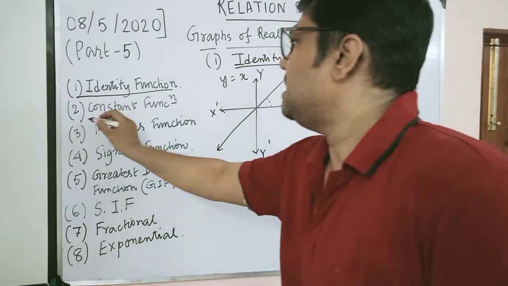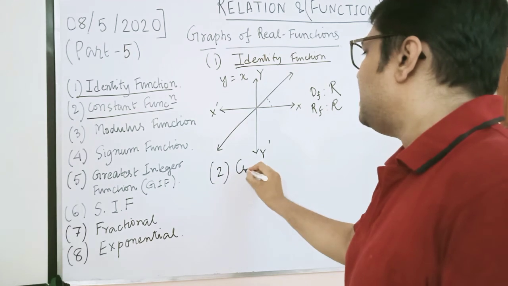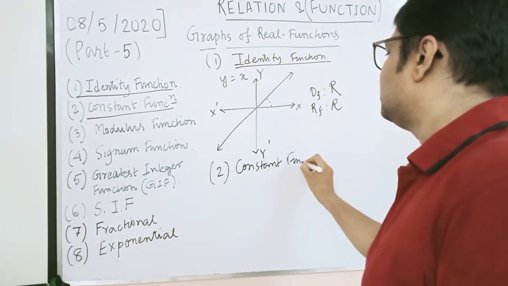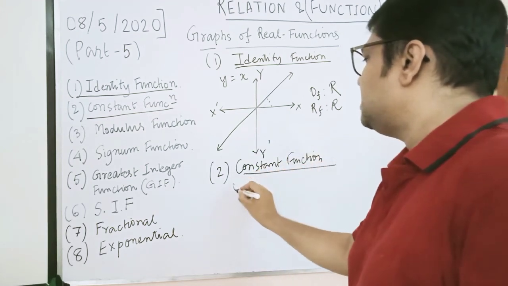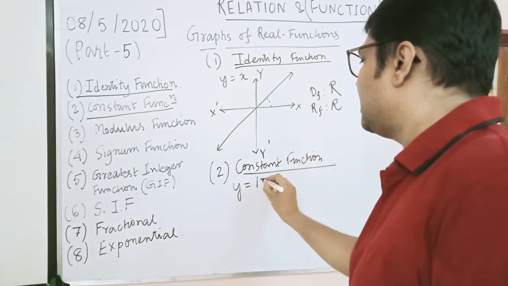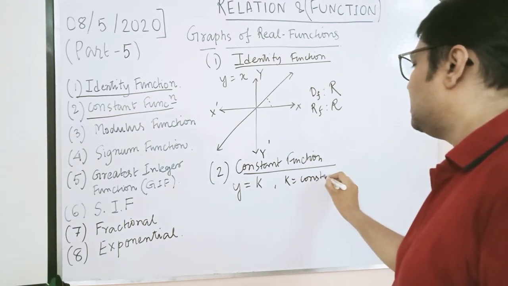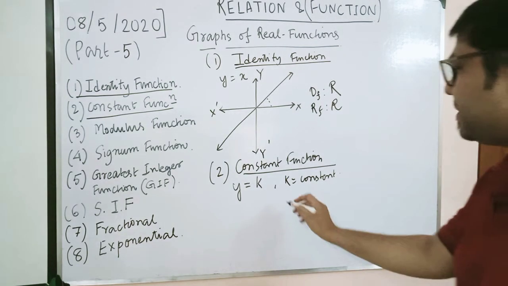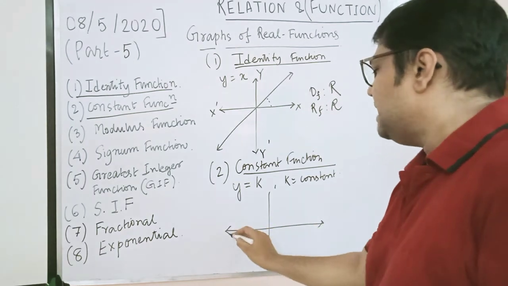Now let us see number 2, the constant function. The constant function is something like y equals to k, where k is a constant. That means if you draw it, y has a fixed value.